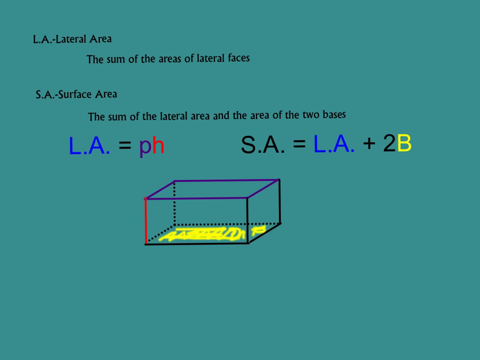And we know these are our bases because these are the only two that look alike. All our sides all around, those are all congruent to each other. So these are our bases here, and these are all our lateral faces. So our lateral area refers to the sum of the areas of the lateral faces. And we find that by taking the product of the perimeter of the base and the height of the prism.